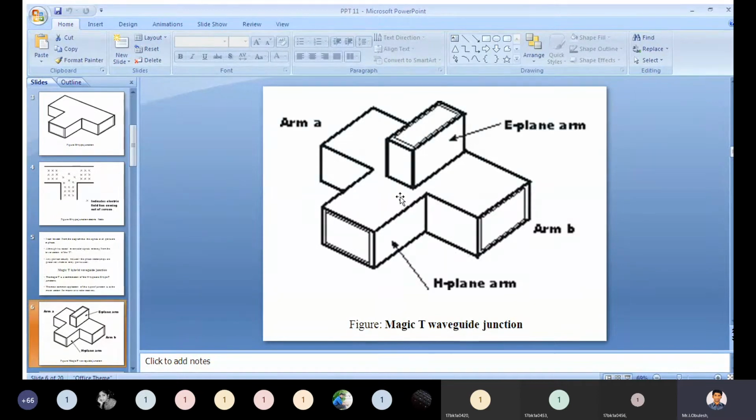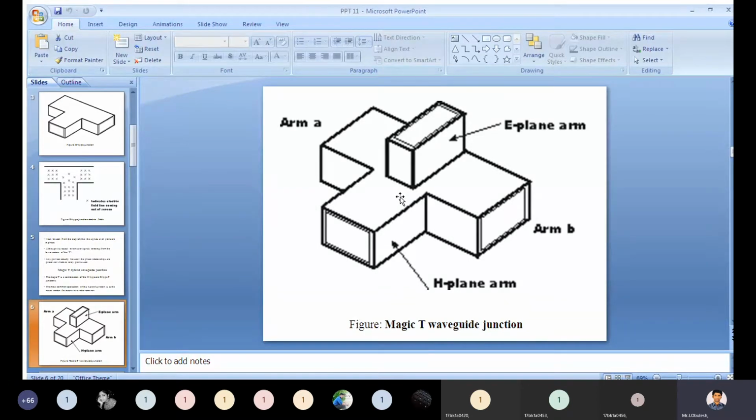Here we have 4 ports. This is the simplest version of the Magic T waveguide junction with its 4 ports. Now look at the operation of the Magic T waveguide junction.